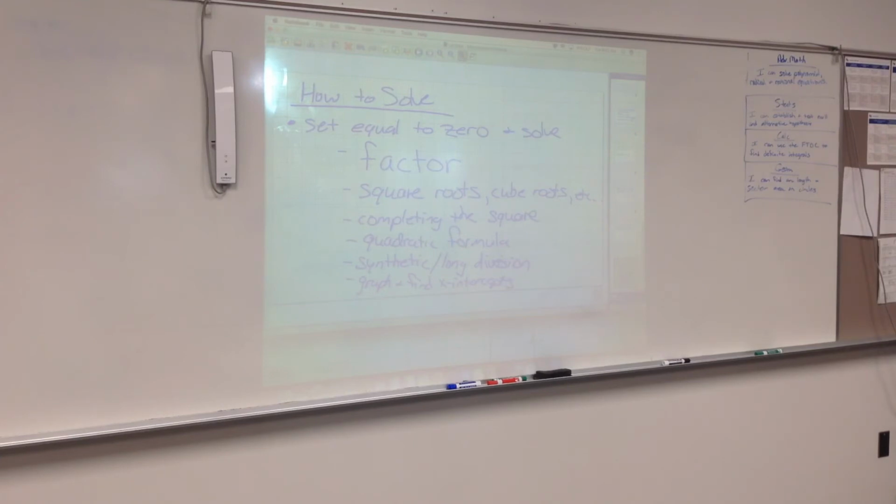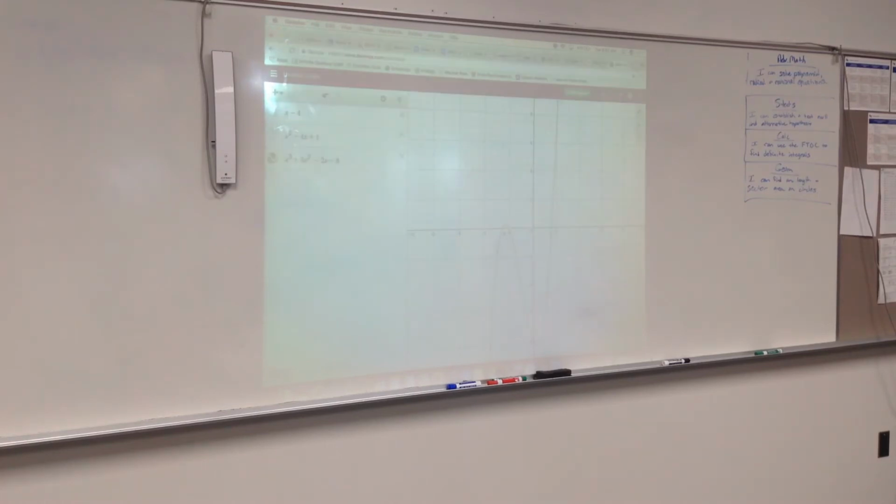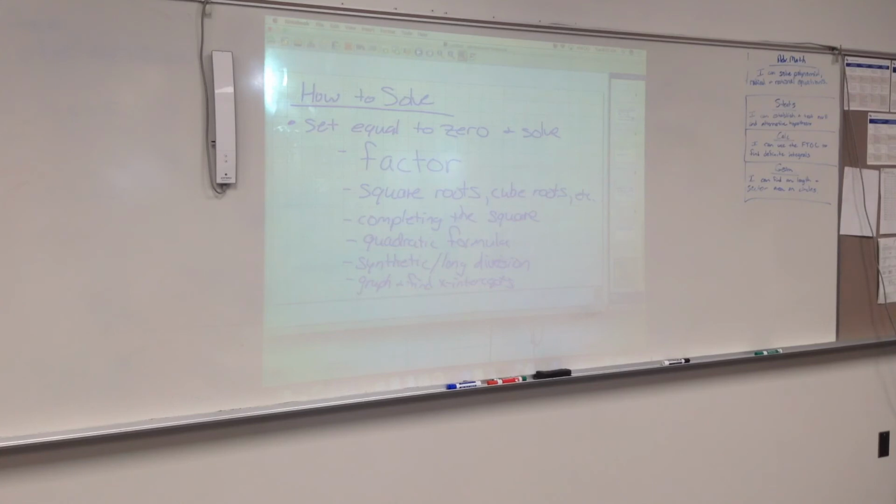So those are all different ways that you can solve polynomials. You can graph it and just see where they cross the x-axis. Now, of course, I'm going to make it be a little more accurate than just a rounded decimal, but graphs will still help you. Okay?